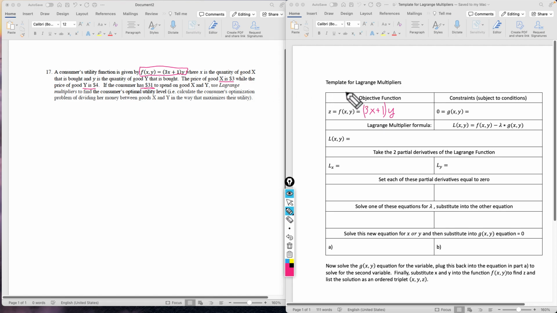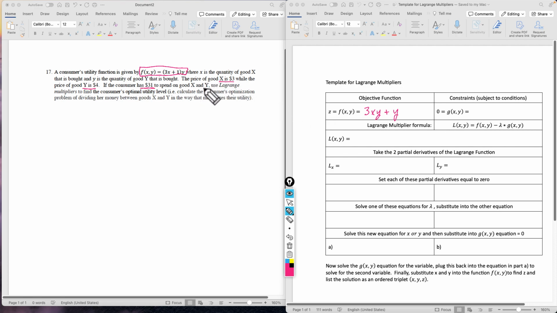To me, I think that would look nicer. So I'm going to rewrite this. I'm going to distribute the y through. So this will be 3xy plus y, because it's just, to me, going to be easier, I think.